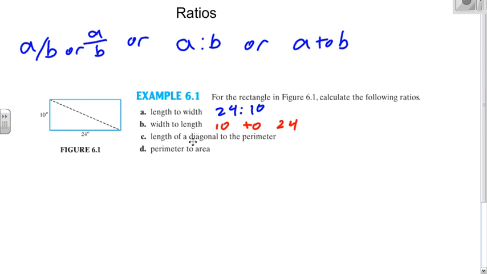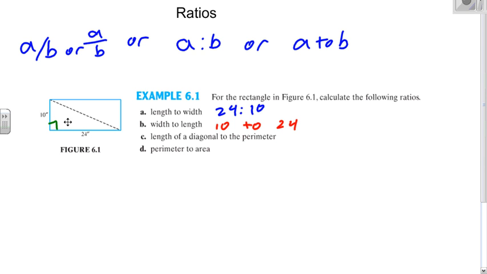The length of the diagonal to the perimeter. So we need to find out how long the diagonal is. This is a rectangle, so that means it's a right angle. Looking at these numbers, I see 10, 24.